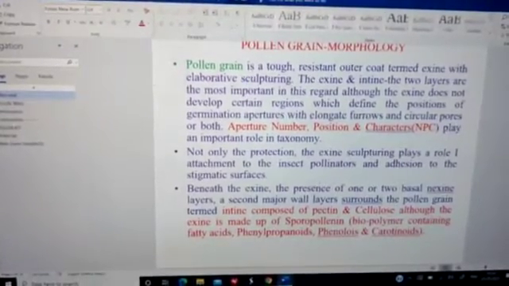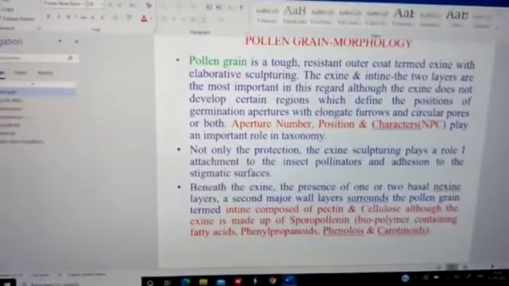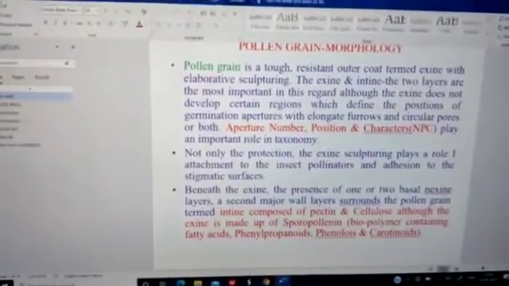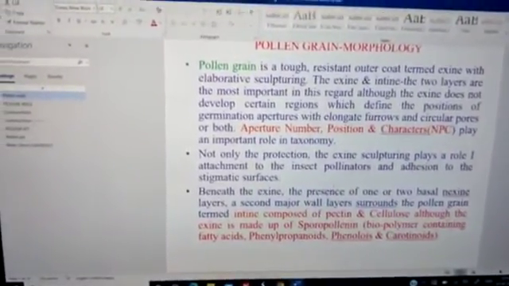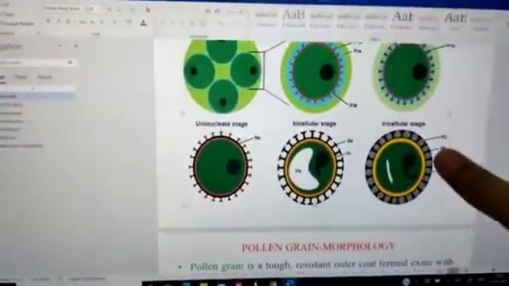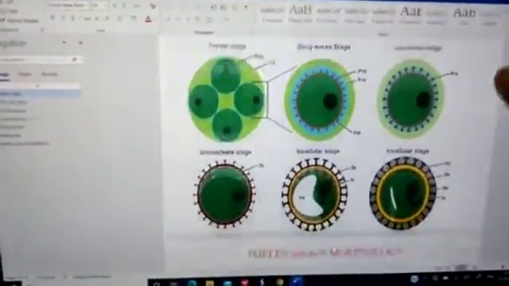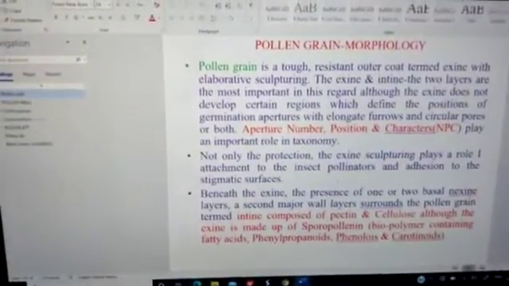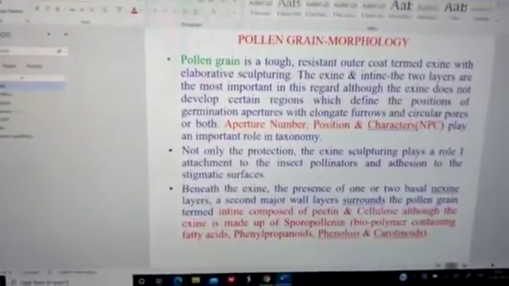The pores where the exine is discontinuous and absent are called the germ pores, or the germination apertures, and these are elongated furrows, circular pores, or both.